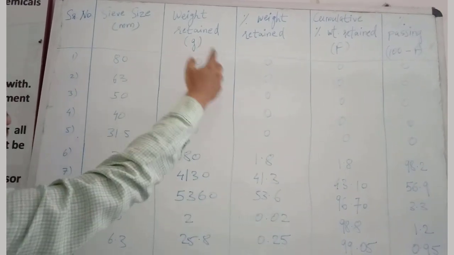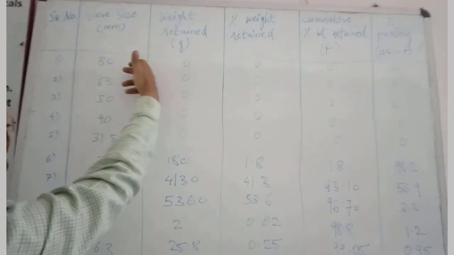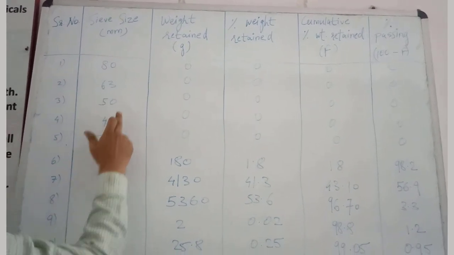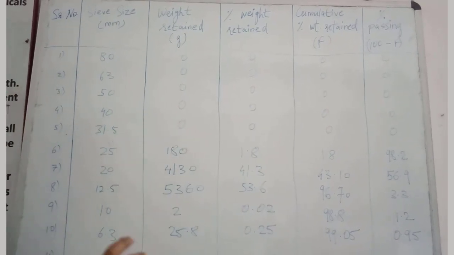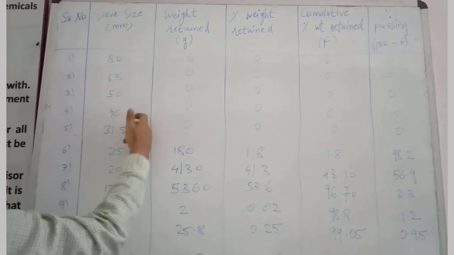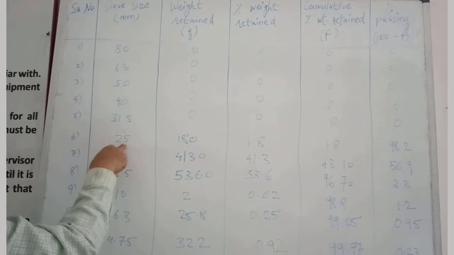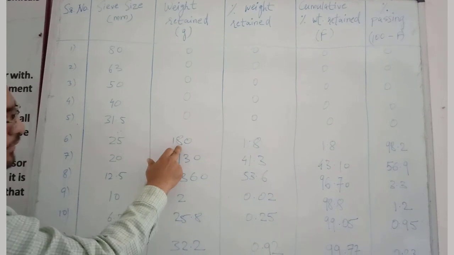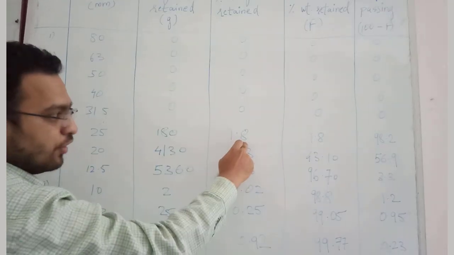So all the particles of our aggregate sample passed through this 80 mm sieve, 63 mm sieve, 50 mm sieve, 40 mm sieve and 31.5 mm sieve. No aggregate sample was retained in these top 5 sieves. Then 25 mm sieve retained 180 grams of sample, which is in percentage 1.8% of the total sample.